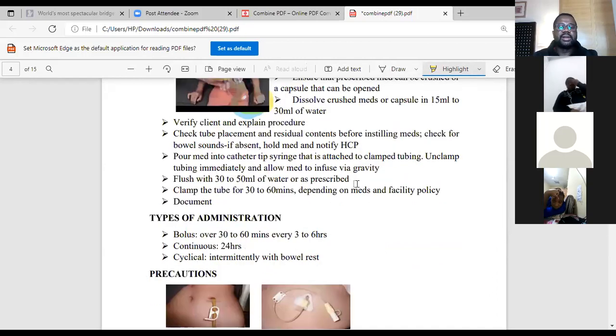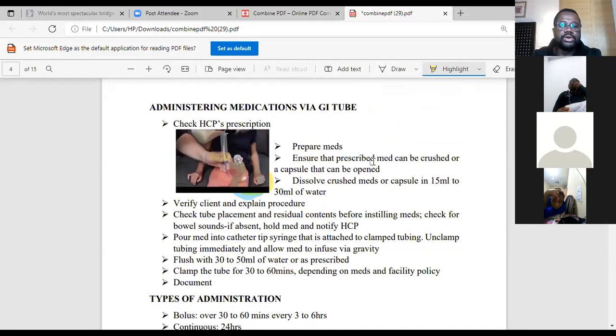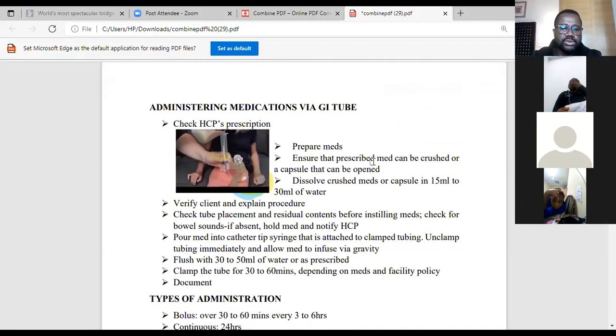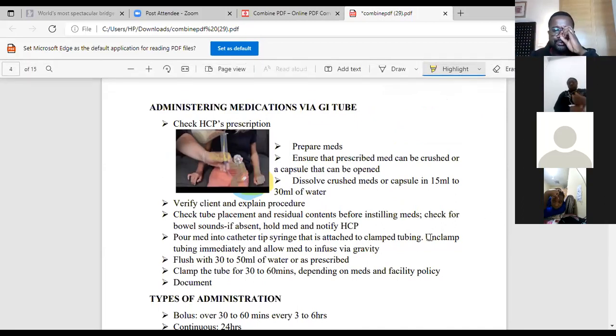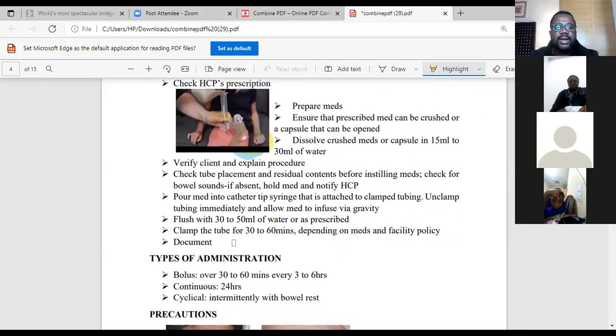So you open the clamp and it will go by gravity. Don't use the plunger of the syringe to push the medication by force. That's not allowed. Now, you have to flush 30 to 50 mL of water as ordered.